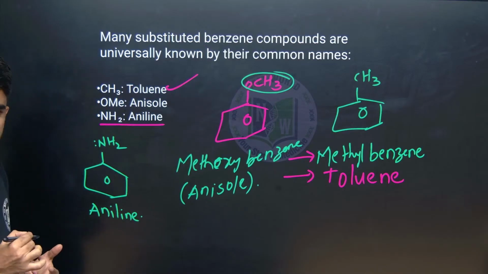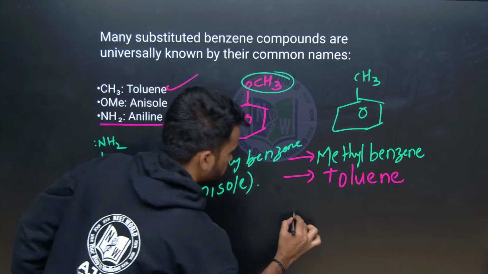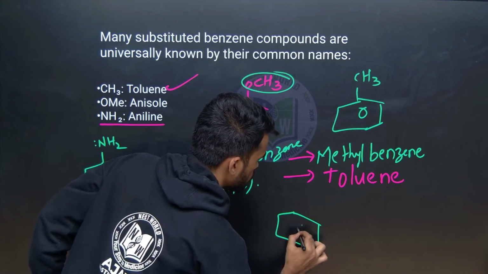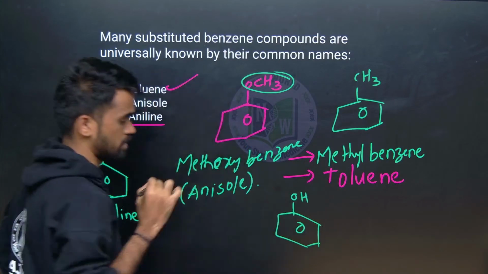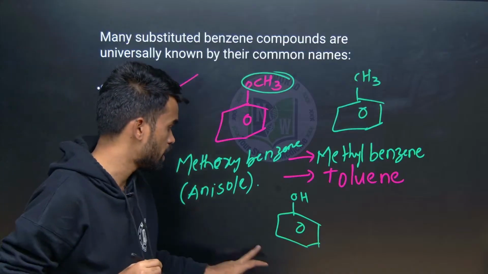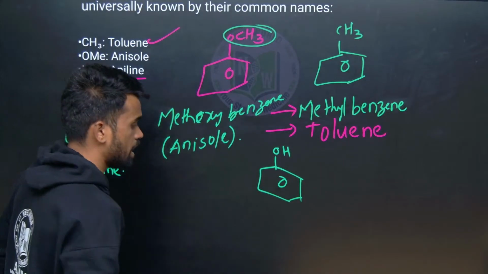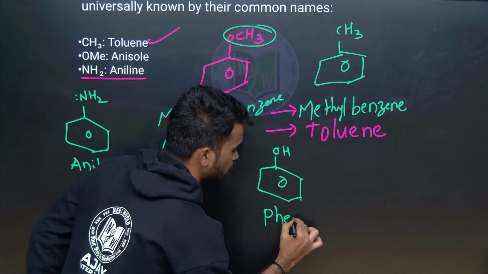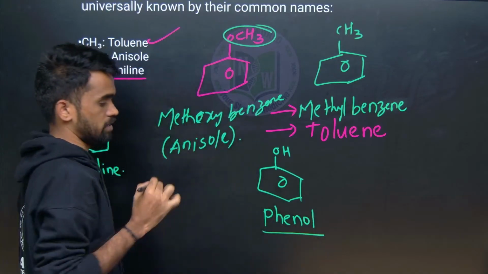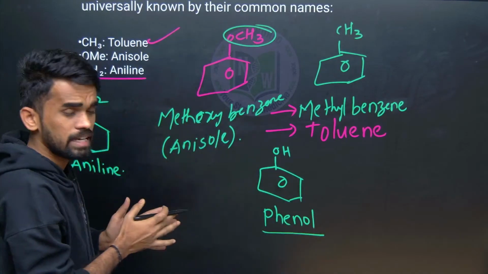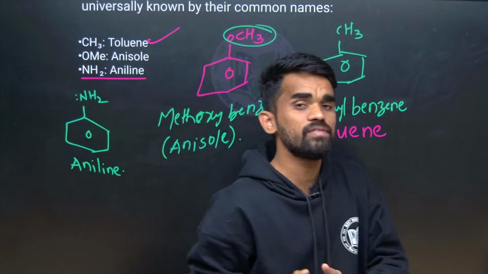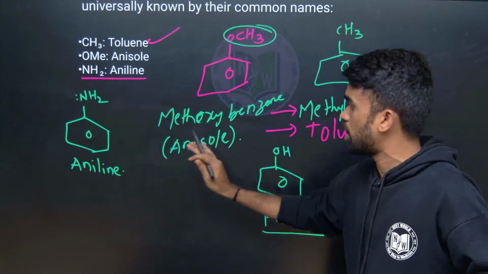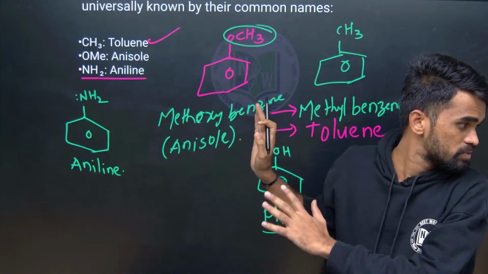And if on the benzene ring we have an OH group, for example, here like this, what is the name of this particular compound? Phenol. Hope it is clear. You can take the list of these compounds, which are very useful. The common names are very important for these topics which we have discussed here.